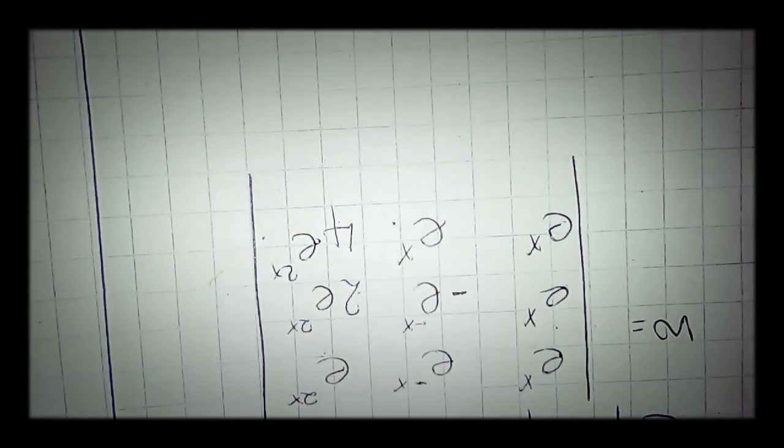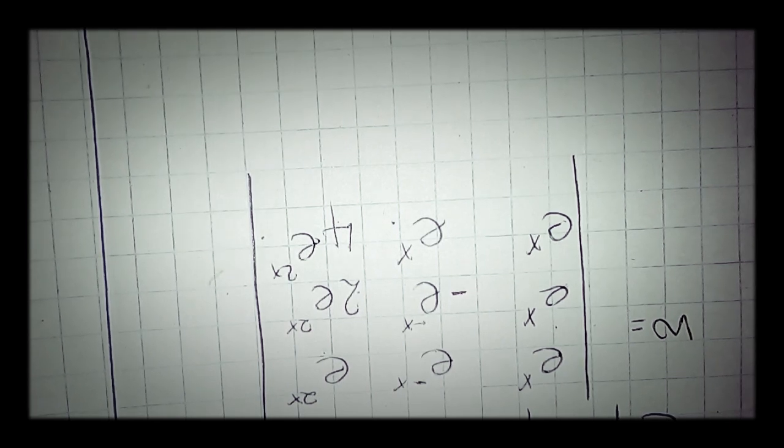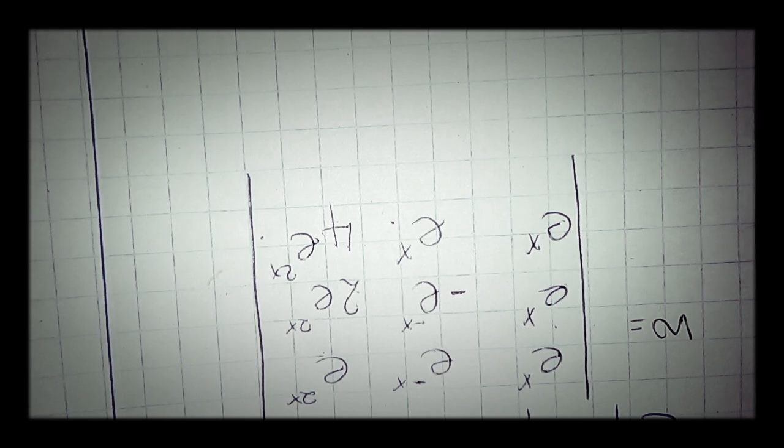So this is a 3 by 3 matrix. How do we find the determinant of a 3 by 3 matrix? We learned this in calculus 1, I think. Just to remind you, this is how we look for the determinant of a 3 by 3 matrix.